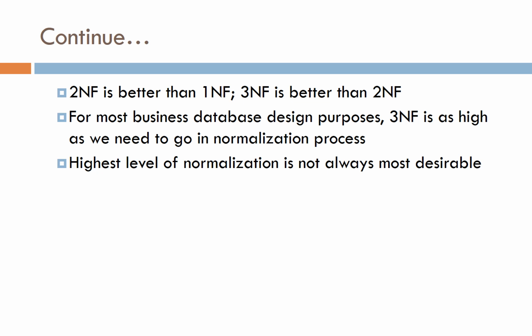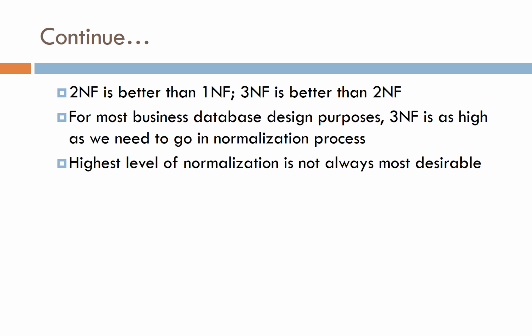Here, the second normal form is better than 1NF, 3NF is better than 2NF in such a way. Which of the normal forms is applicable to your database depends on your database and how you are applying the criteria and the rules of normalization.